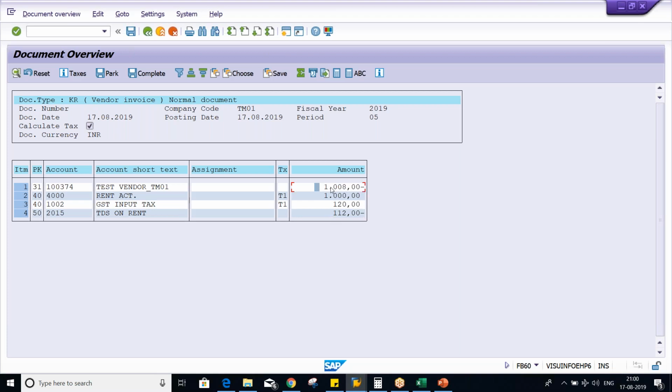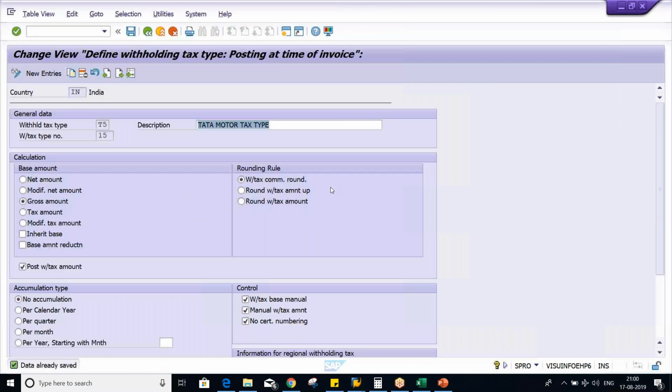So this is 1008. So it happens when we select gross amount here, right? So guys, in both cases, the tax percentage is the same, but the condition for this tax calculation is getting changed, right?